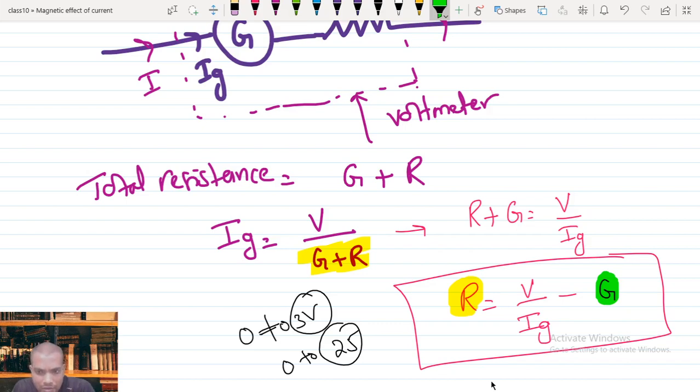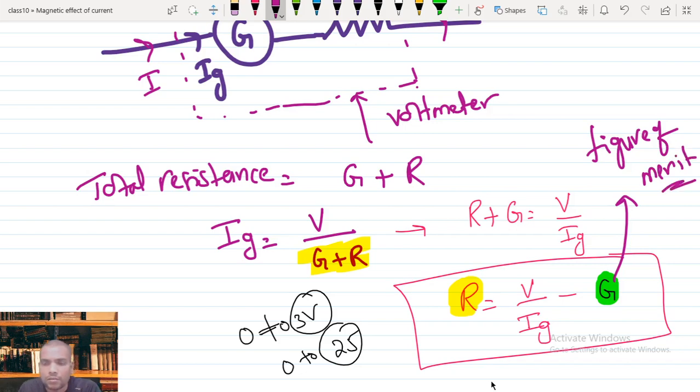You should know two things: one, the range of the volt I need to convert to, and the second, the particular galvanometer resistance, or the galvanometer figure of merit. Figure of merit is very, very important. Without knowing that figure of merit, we cannot convert.